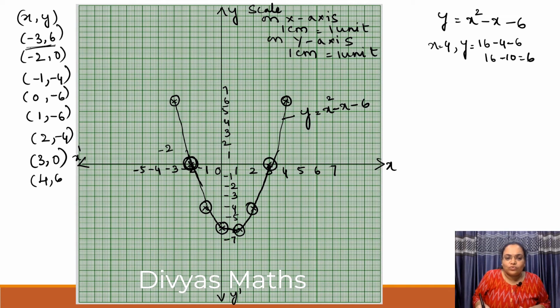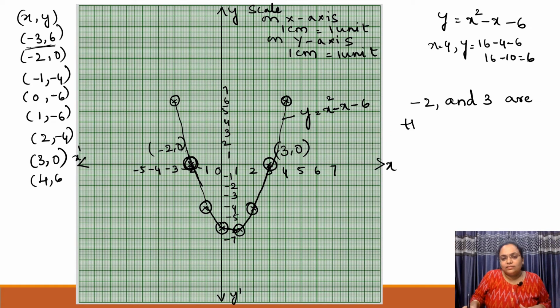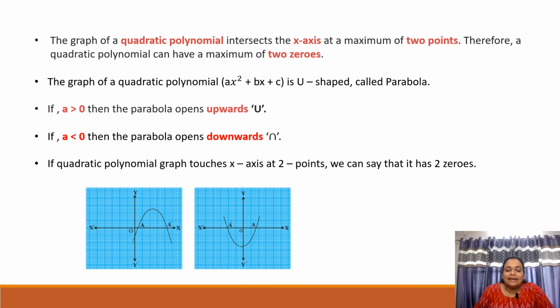This is minus 2 comma 0 and this is 3 comma 0. As this is on the x-axis, y coordinates will be 0. Yes, so we can say minus 2 and 3 are the zeros of the polynomial. Okay, the graph of a quadratic polynomial intersects x-axis at a maximum of 2 points, right?